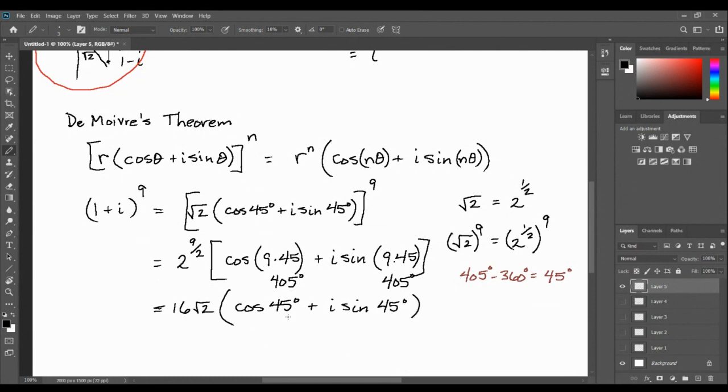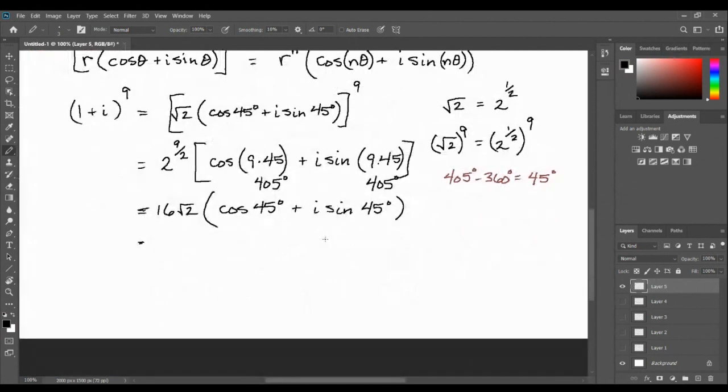We know the cosine and sine of 45, those are both root 2 over 2. I'm going to want a little more room here if I can get it. So 16 root 2 times root 2 over 2 plus i root 2 over 2, I should say.